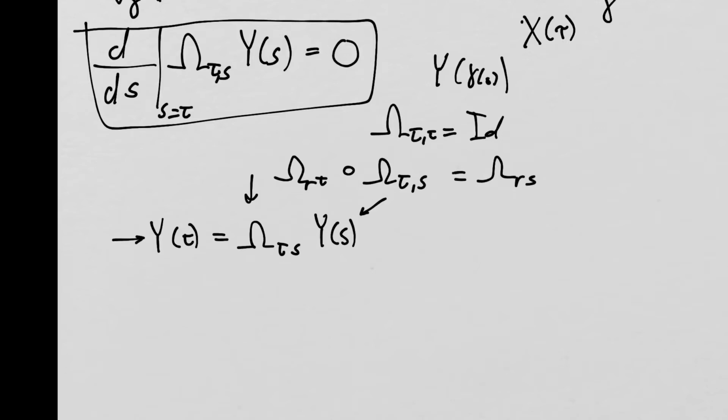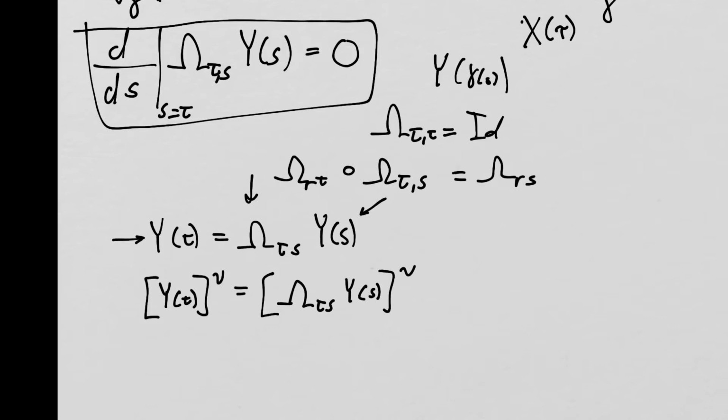Well, we can think of this in terms of components. And typically to prove these things for our coordinate-free notation, we always dive into component notation to do it. But this vector, y of t, has components. So let's think about the different components, which would be the components of this guy, because they're the same.